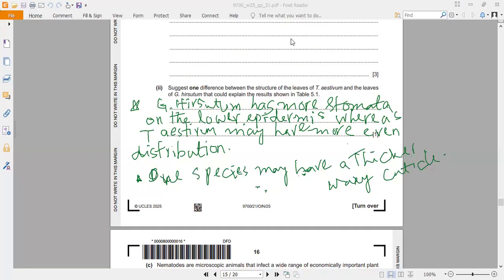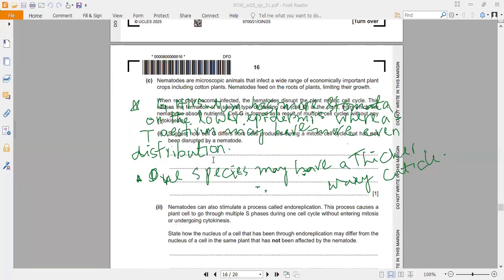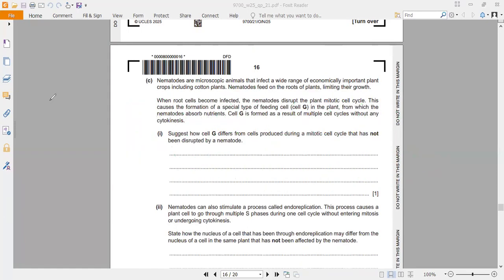Now the next question. Nematodes are microscopic animals that infect a wide range of economically important plant crops, including cotton plants. Nematodes feed on the roots of plants, limiting their growth. When root cells become infected, the nematodes disrupt the plant mitotic cell cycle.